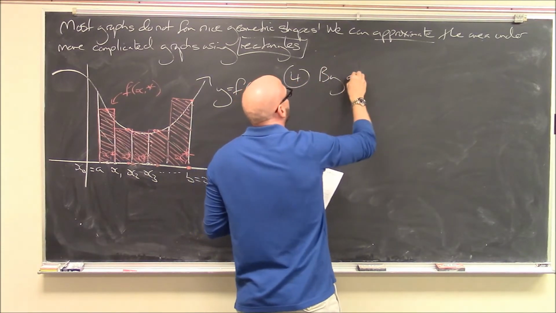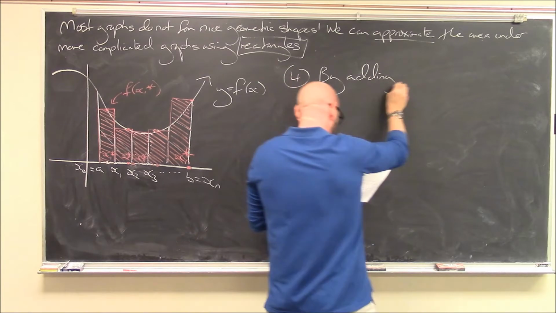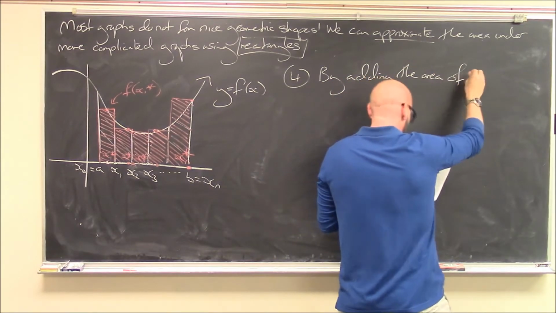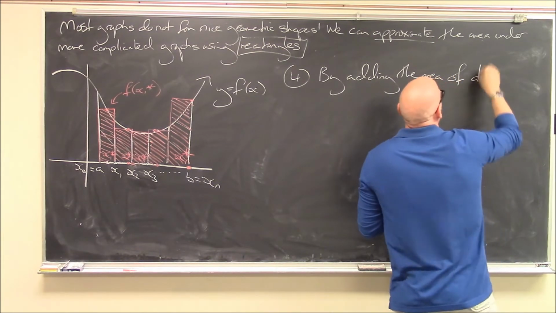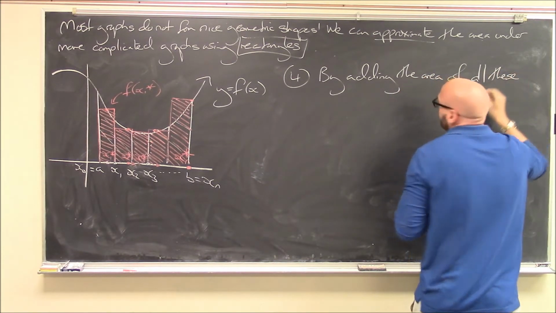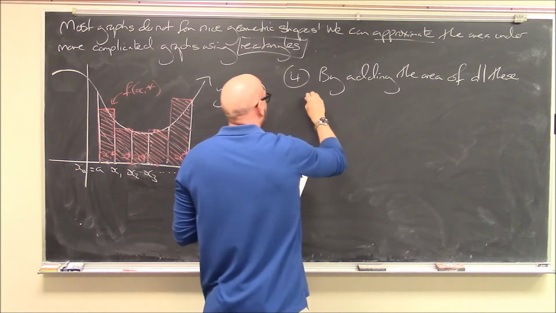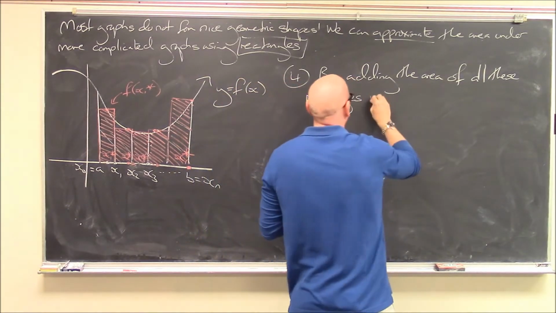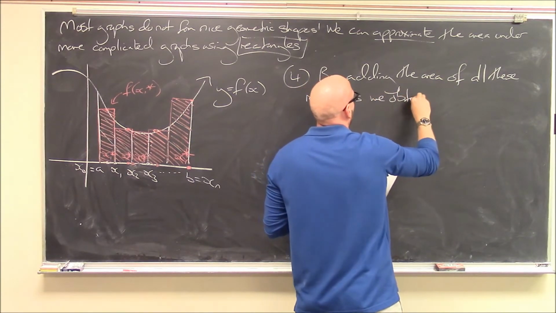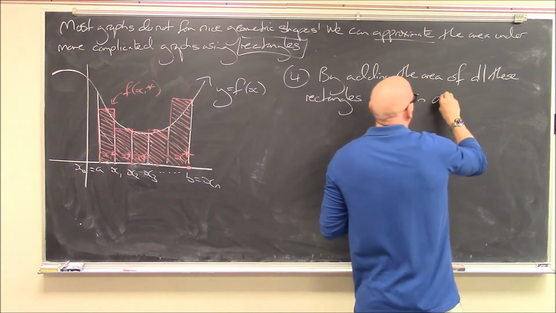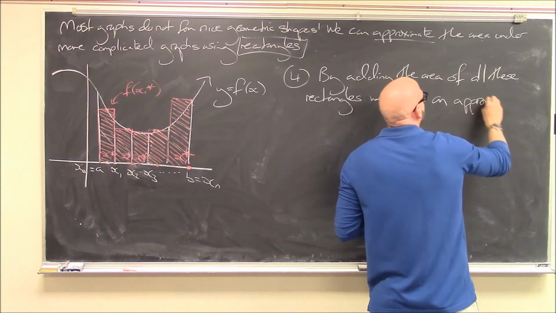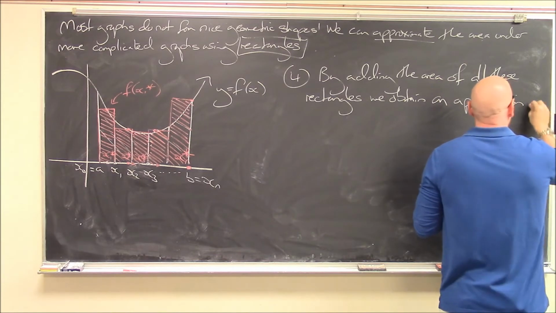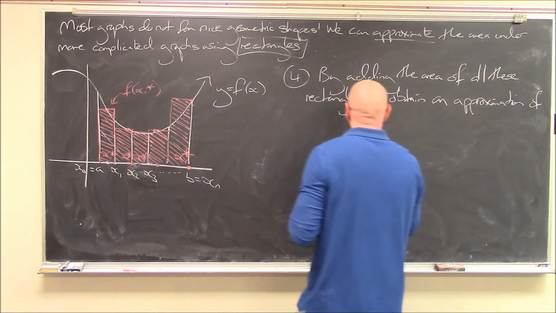So by adding the area of all these rectangles, we obtain an approximation of the area under the curve.